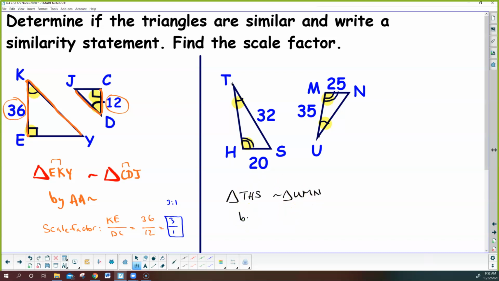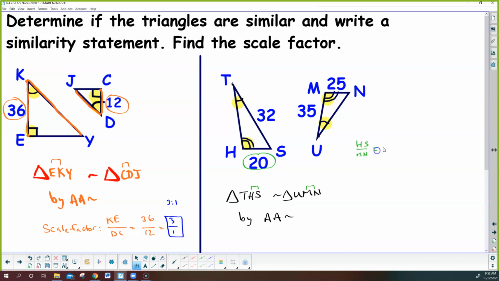Okay, why are they similar? By angle, angle. And now I've got two pieces to choose from. And this is why I started with the statement. I'm not 100% sure which one matches up, so let's look. Well, HS has to match with MN. So if I'm going to check for the scale factor, HS over MN.